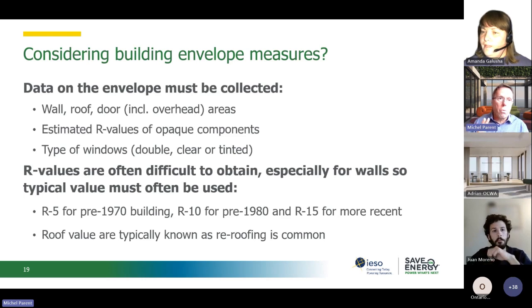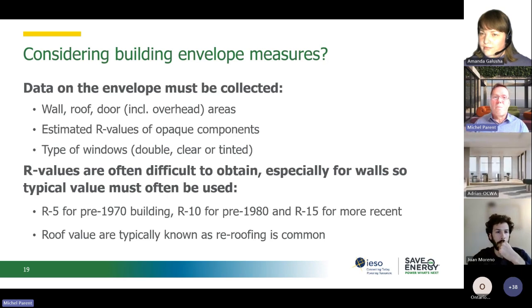So you'll have to collect wall area, roof area, very importantly, overhead doors if you're industrial, and get some estimated value for the R value of those components. If you don't have any idea, you look at the type of construction or you look at the age, and it will give you kind of good estimated values.